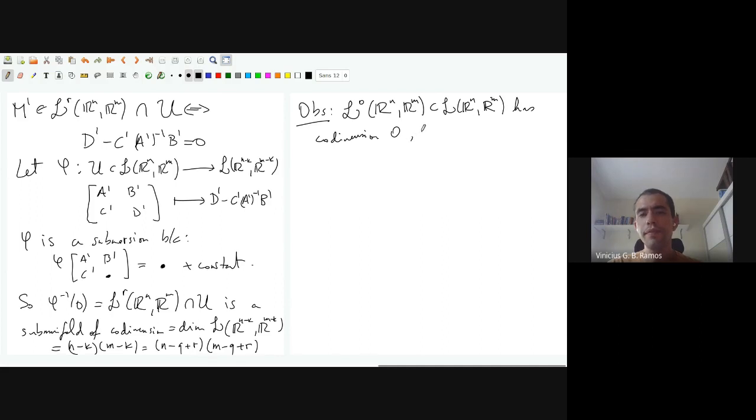So it's open. A manifold of codimension 0 is open because we're not talking about manifolds with boundaries. Okay, so it has to be an open subset. Okay, it has maximum.